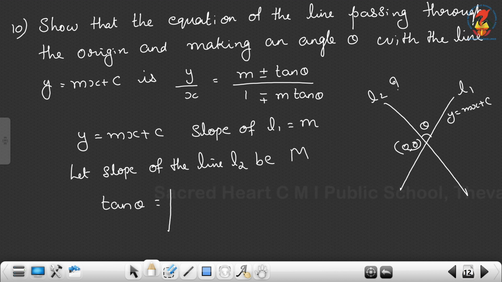So tan theta is equal to, theta being the angle between two lines, tan theta is equal to modulus of (m1 minus m2) by (1 plus m1 m2). You can give m1 as small m and m2 as capital M, anyway you can give.